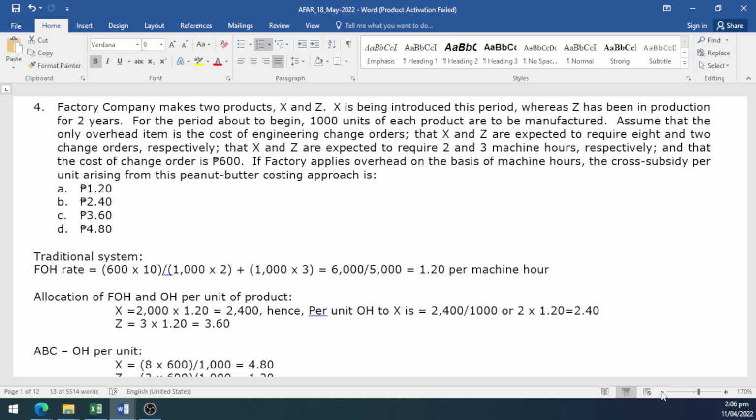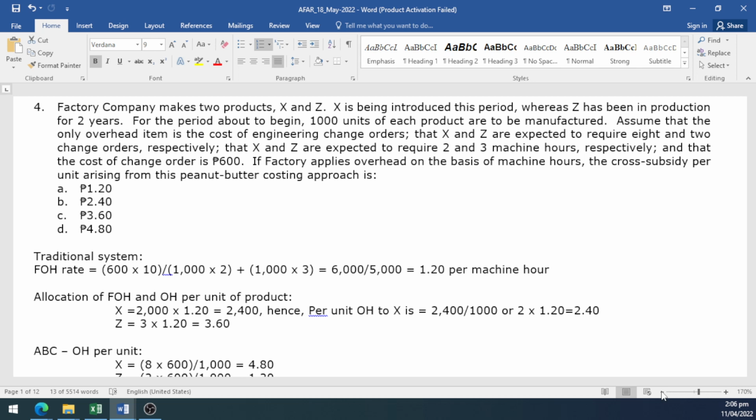Ito, we compare. Factory company makes two products, X and Z. X is being introduced this period, whereas Z has been in production for 2 years. For the period about to begin, 1,000 units of each product are to be manufactured. And assume that the only overhead item is the cost of engineering change orders.